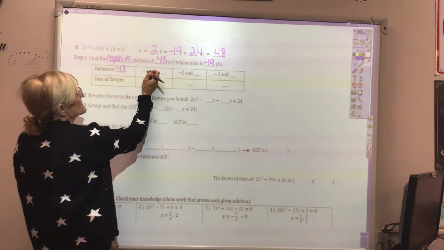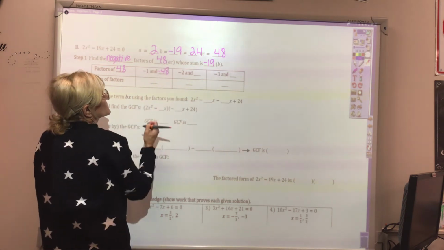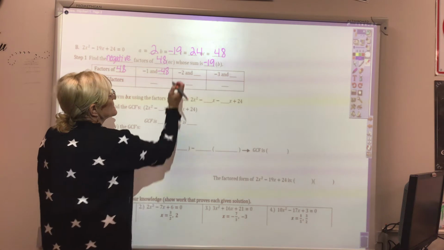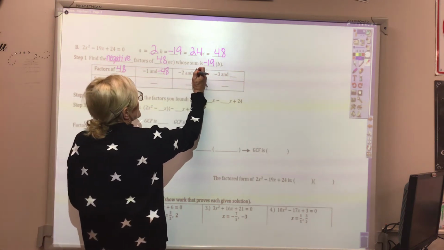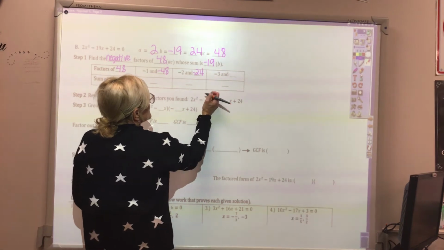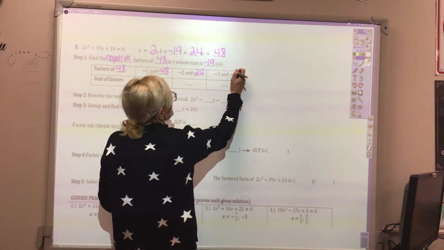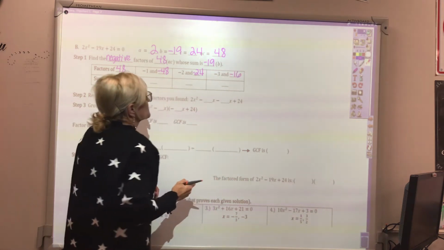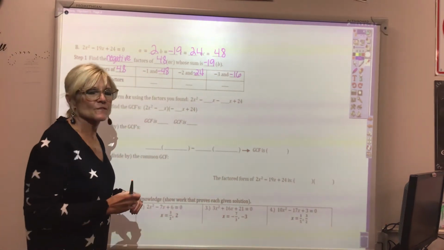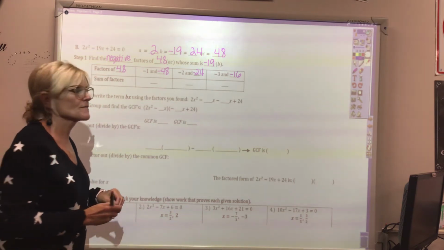So we would have negative 1 and negative 48. Think again that you're multiplying, so that would give you 48. Negative 2 and negative 24. Negative 3 and negative 16. You could keep going to get the factors, but that will give you an idea of how you go about finding the factors.